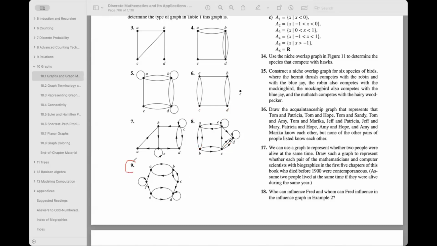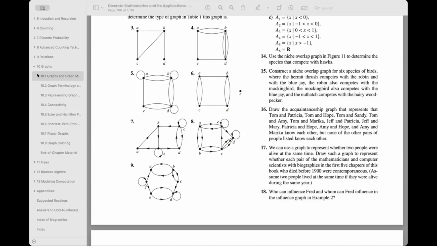So 9 has directions. It also has, as you can see here, a loop. So that means this would be a pseudograph, because you're allowed to have loops in a pseudograph. Well, not a pseudograph. This is a mixed graph, sorry. So you have loops in a directed mixed graph. All right. Is that clear so far? If so, I can just move on to 10.2.